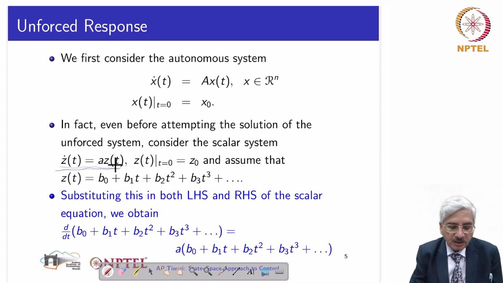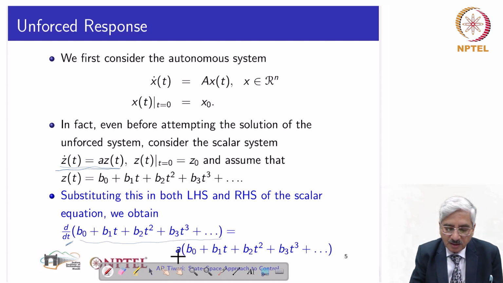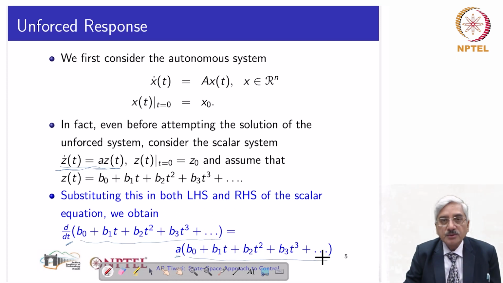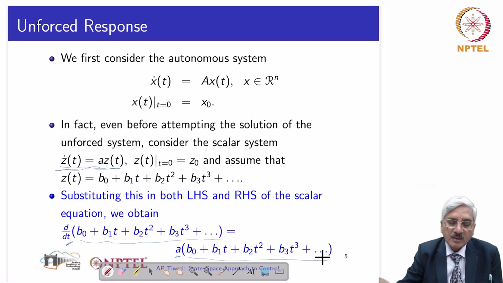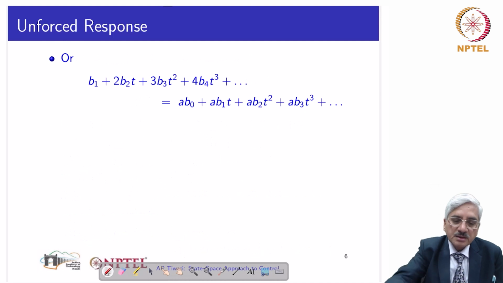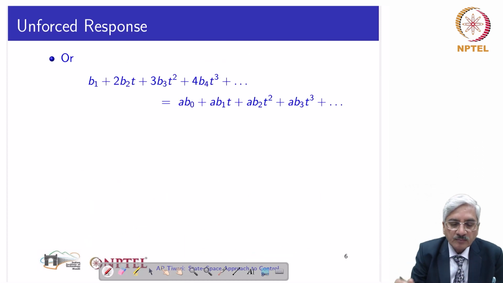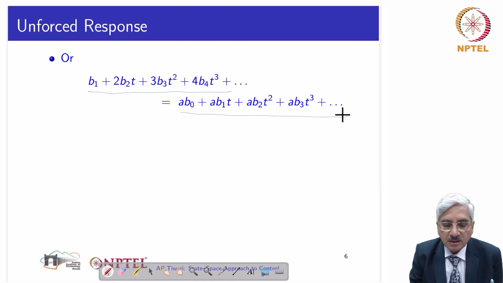On the left hand side we will have the derivative with respect to time of b0 plus b1 t, etc., and on the right hand side we have a multiplied by this assumed form of solution of z, a into b0 plus b1 t, etc. Now the derivatives on the left hand side: d/dt of b0 is 0, d/dt of b1 t is b1, d/dt of b2 t square is 2 b2 t, etc. So this is written here on the left, and this is what comes on the right.